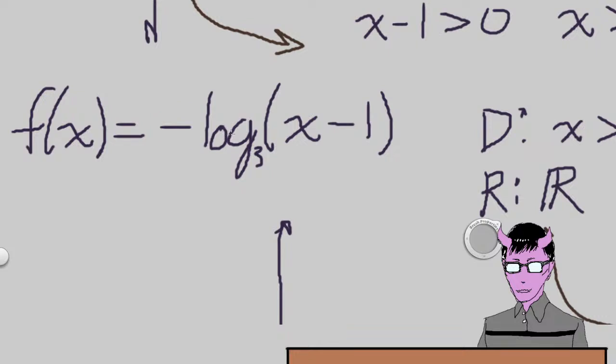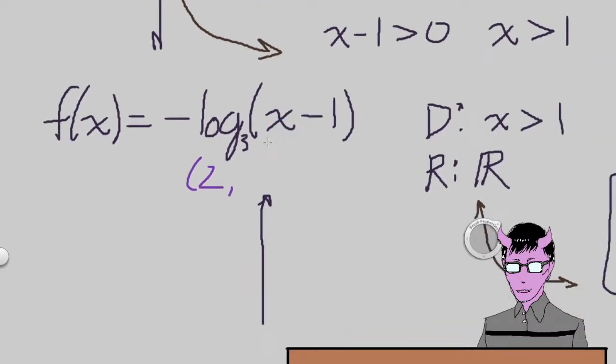Okay, so we want this entire inside to be 1, and that requires the x is 2. So if x is 2, then what happens? Unfortunately, it becomes negative as a whole, right? So negative 1. I forgot what I was saying.